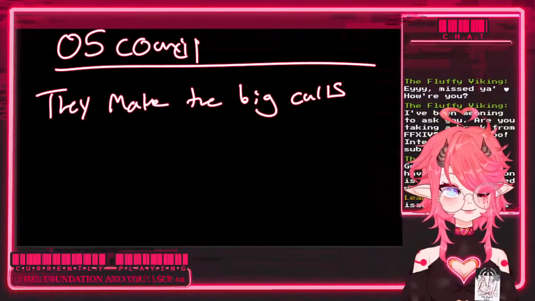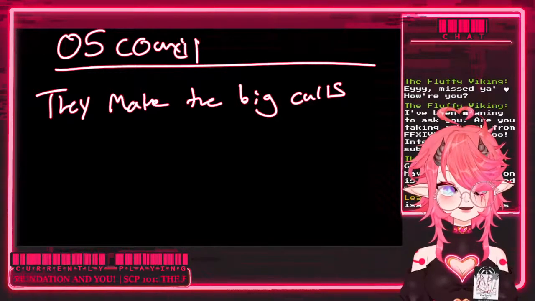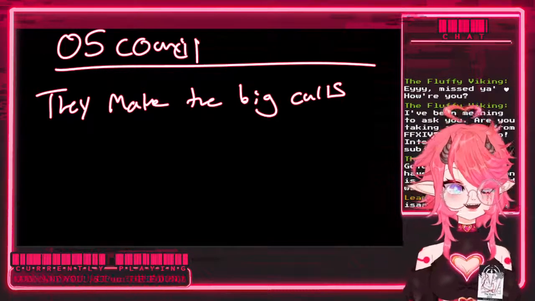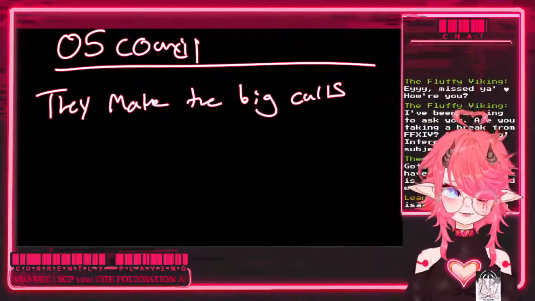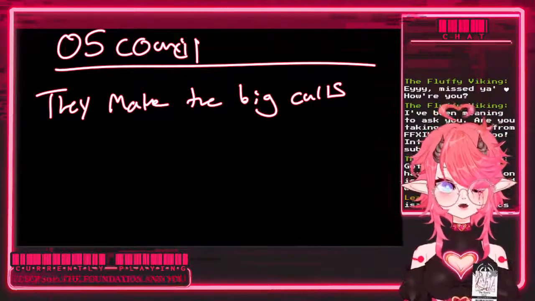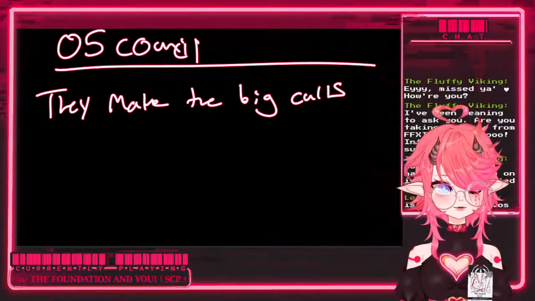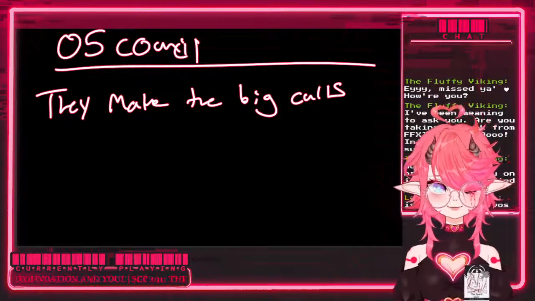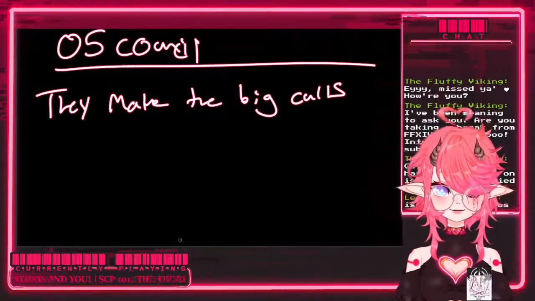The O5 Council also oversees anything that has to do with a world-ending K-Class scenario. In a K-Class scenario, we'll talk about that too. It's going to be a little bit later on. They make the big calls.